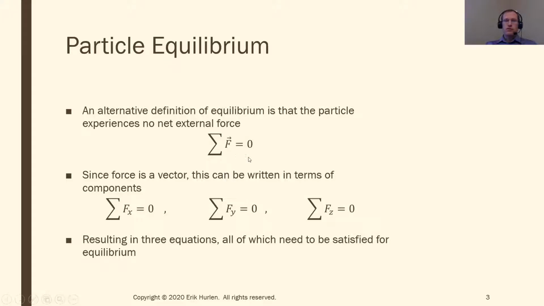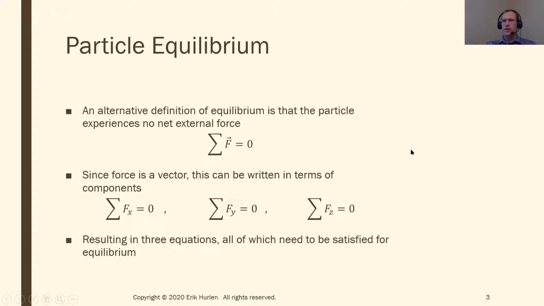Since this is a vector equation, you can break it down into its three components. So I can have the sum of all the forces in the x direction equals zero, sum of all the forces in the y direction equals zero, and sum of all forces in the z direction equals zero. These three equations all need to be satisfied for static equilibrium to occur. Same thing as this one vector equation on top.